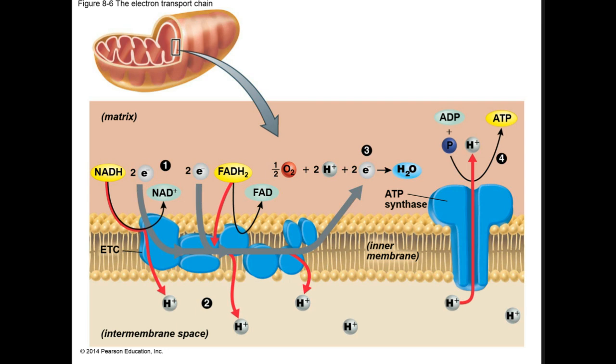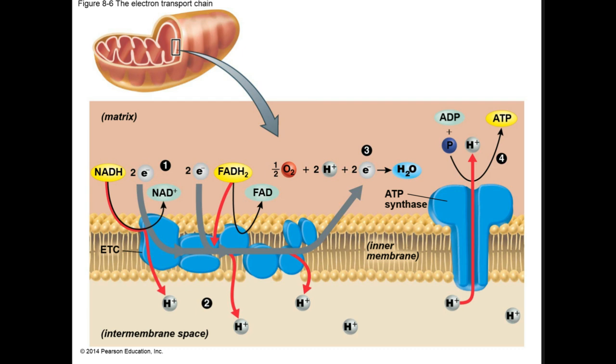As the electron transport chain pumps hydrogens across the inner membrane, it produces a high concentration of hydrogens in the inner membrane space and a low concentration in the matrix. The energy present in this non-uniform hydrogen distribution across the inner membrane is released when the hydrogen ions flow from high to low concentration.